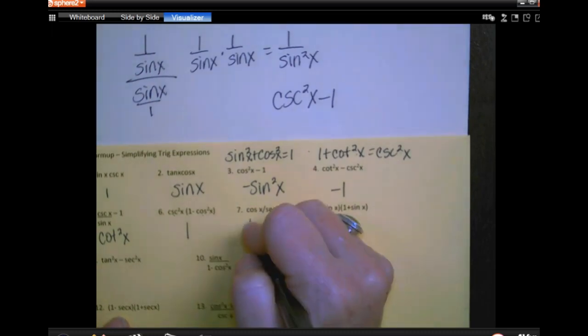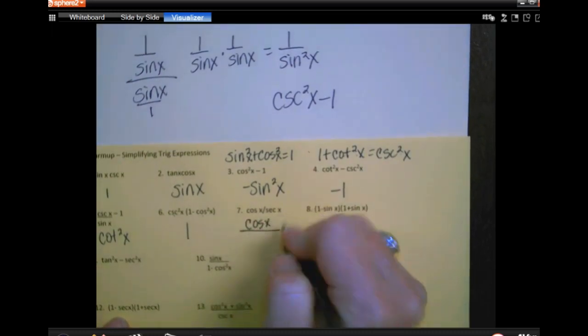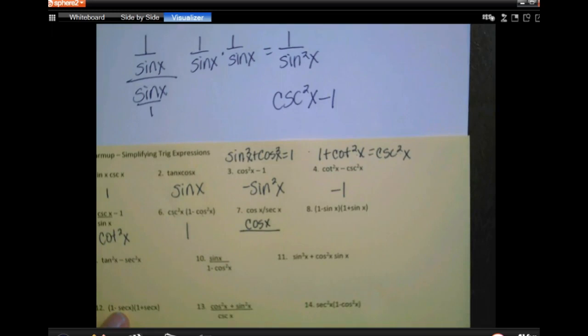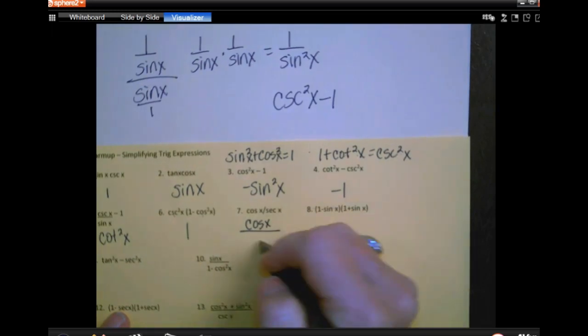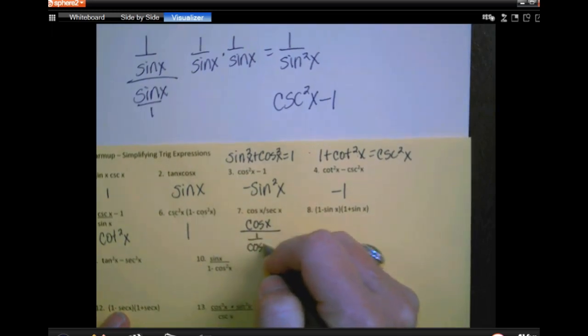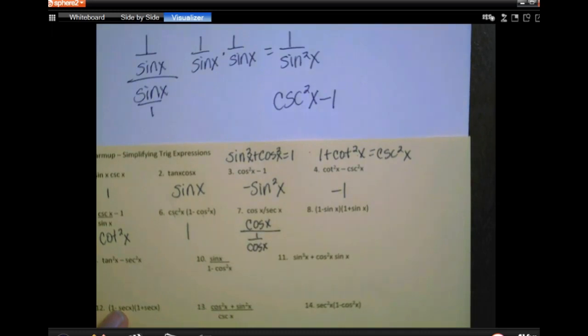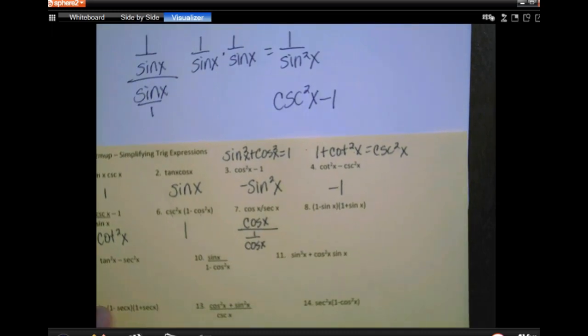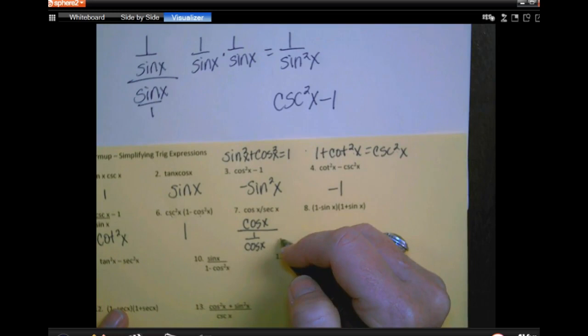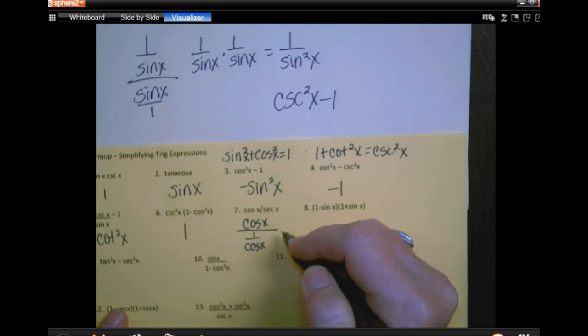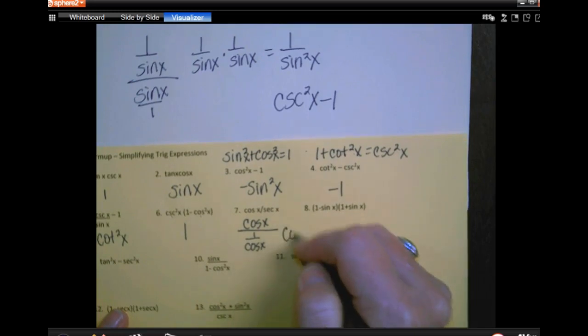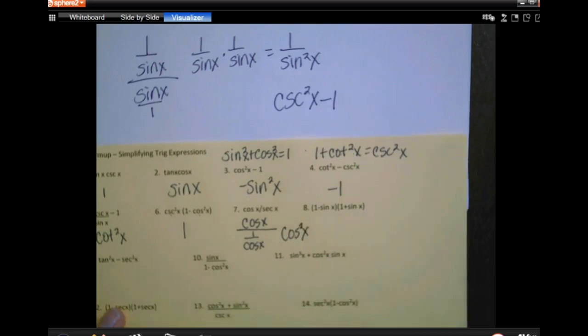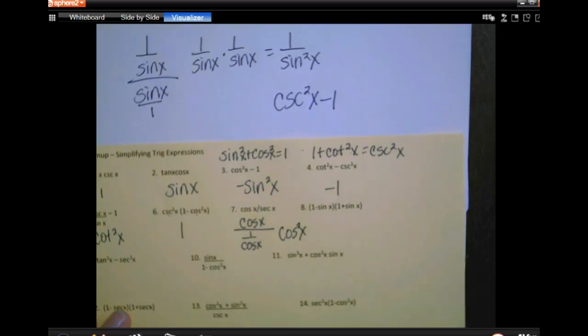So, I'm going to have cosine of x. And what is the secant in terms of sine or cosine? So, it's 1 over cosine. So, then what happens? You flip it, and they're cosine squared. Yes.